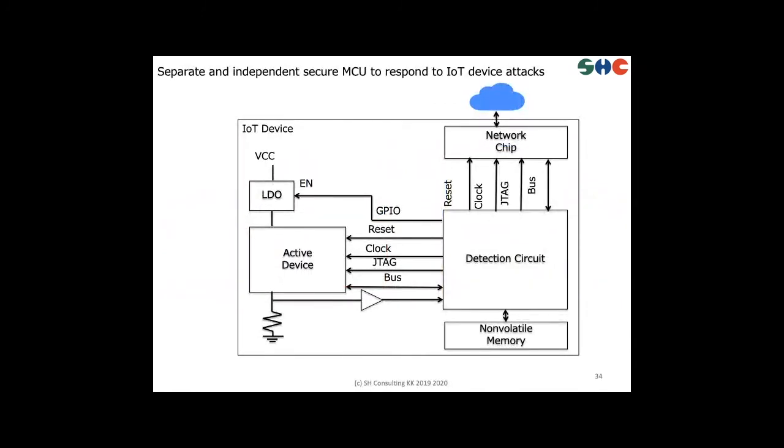Sometimes we also measure the current flow of an active chip, and using that analog information, detect whether the chip is a true chip or a fake chip.